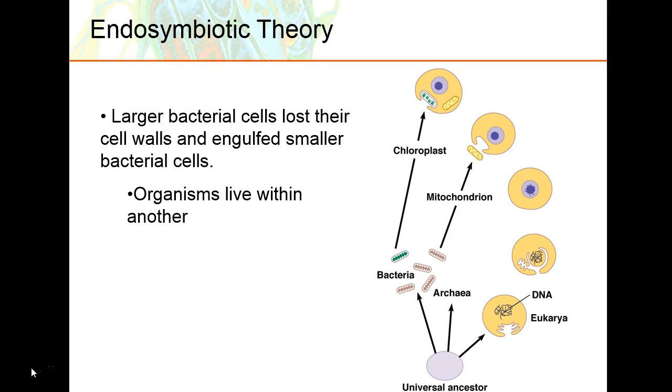So they're very efficient when it comes to making energy. And so scientists believe, based upon this theory, that whenever these larger bacterial cells engulfed these smaller ones, and they enslaved these smaller ones and started using them to their benefit, the benefit that microbes could give us would be ATP production.